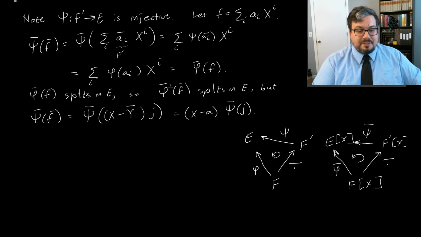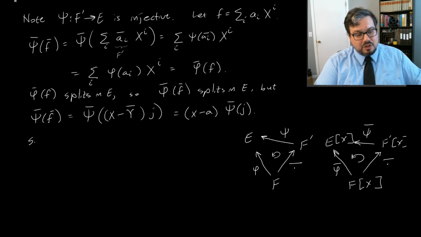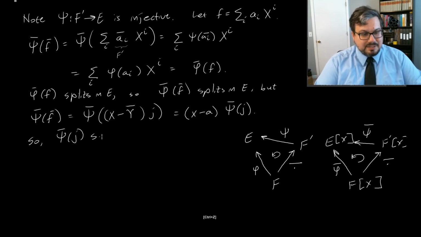So we have that phi bar of f bar splits in E, which means that this product splits in E, so that means that phi bar of J splits in E.